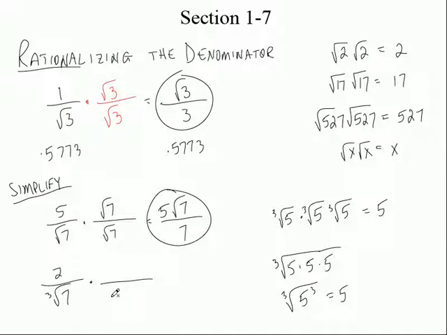So I could go cube root of 7, cube root of 7, couldn't I? All right. I don't want to do it like that, though. That's a little bit ugly. So what I'm going to do is this. I'm going to go cube root of 7, what? I need 2 of them, so 7 squared.